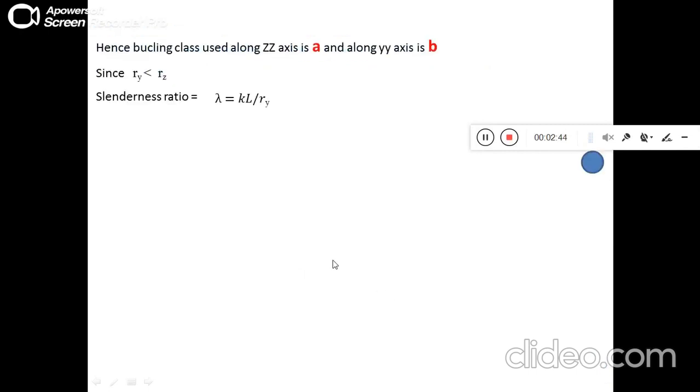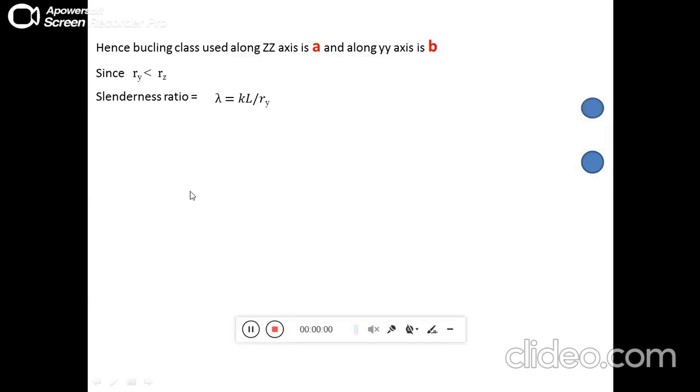The buckling class about ZZ axis was given in the table as A, and along YY it was given as B. Now we have the value of radius of gyration about Y axis and radius of gyration about Z axis. Since the value of Ry is less than Rz, the member will have the tendency to buckle about Y axis.